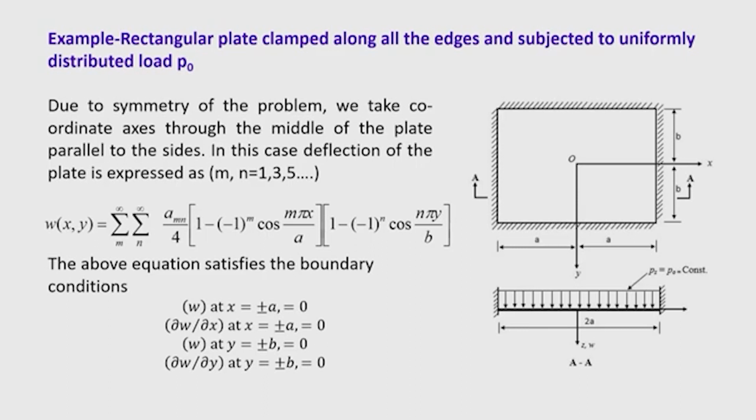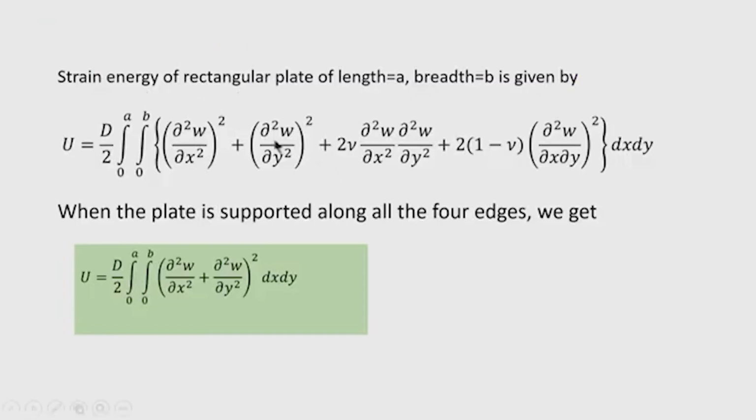Now, you can see here for a rectangular plate, the strain energy expression is given as U is equal to D by 2, integration 0 to a, integration 0 to b, then bracket del square w by del x square whole square plus del square w by del y square whole square plus 2 mu del square w by del x square into del square w by del y square plus 2 into 1 minus mu del square w by del x del y whole square dx dy.